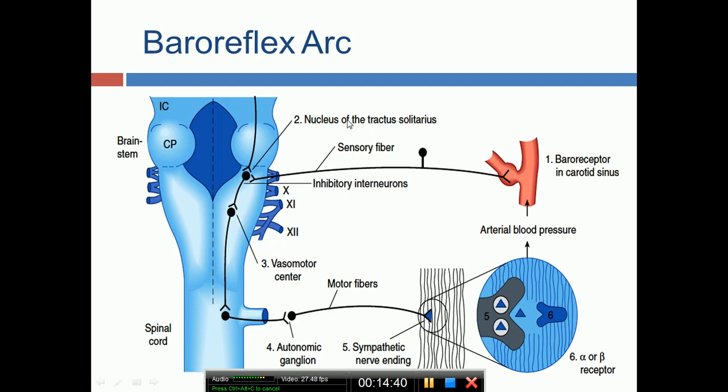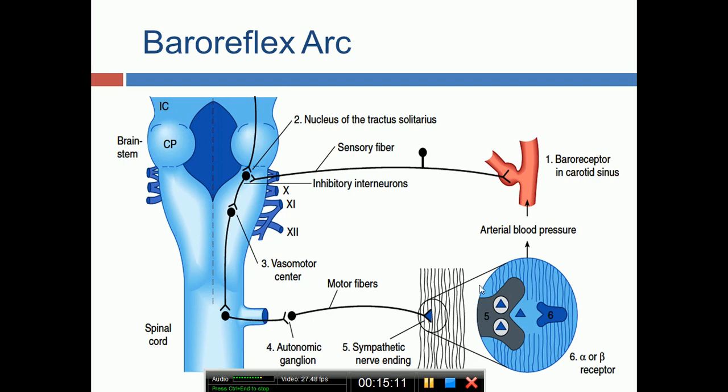If the blood pressure is high, a pathway through the vagus nerve will be activated, and if blood pressure is low, then the glossopharyngeal nerve pathway will be activated. At the effector organ, if the vagus nerve is activated, it will activate the parasympathetic nervous system and acetylcholine, which will decrease heart rate.